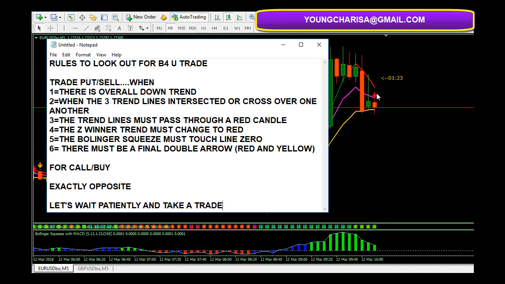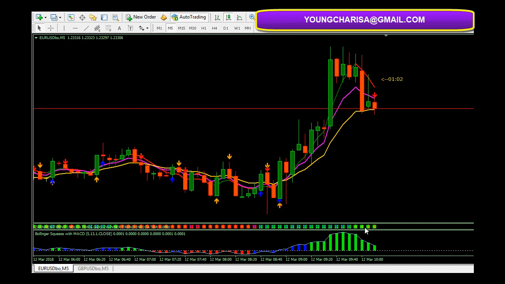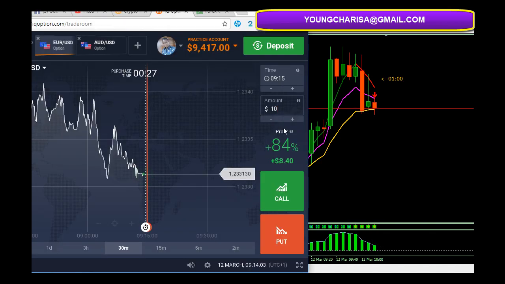Even when this red pops up, this must change to red and this must touch the line 0. So if before the end of this candle now, it touches line 0, good. But let us assume now that this has changed to red and this has touched line 0 and you want to trade. Remember, this is 5 minutes expiration.